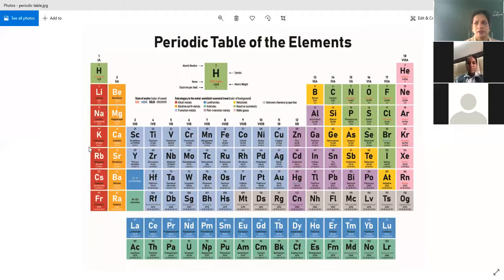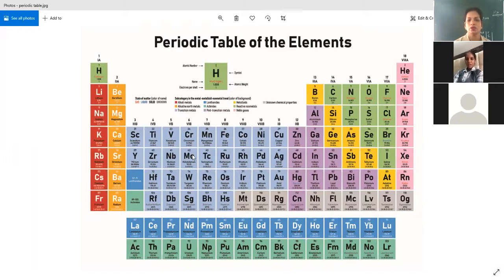In this periodic table, you know that horizontal ones are rows and vertical ones are called columns.